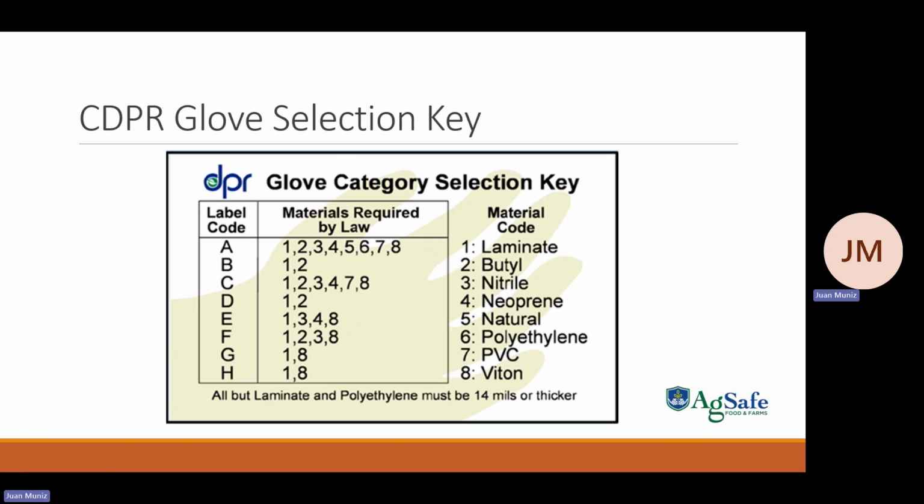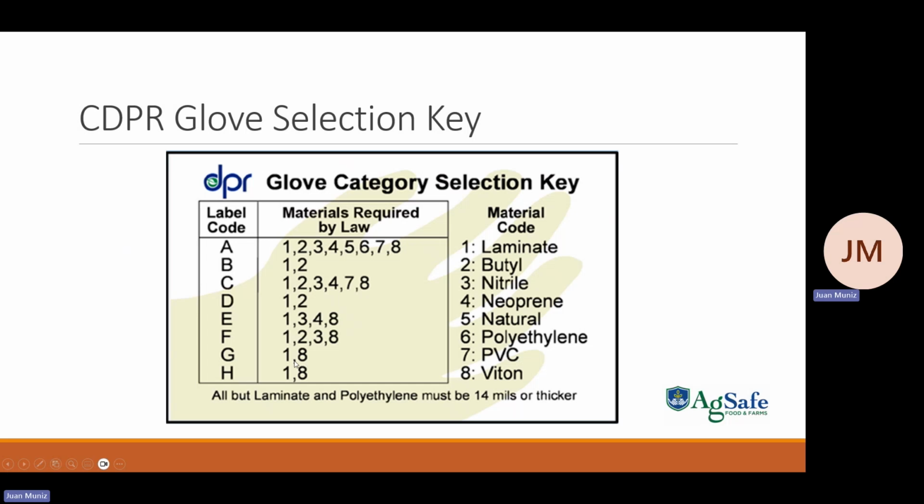And so if you recall, category G was mentioned on this selection key. If you look on the left, it says label code. That is what they're referring to as a category. These are the categories. So if you find G, that's what they mentioned earlier. Category G is referred to here as code G. If you look over to the right, there's a code 1 and 8.